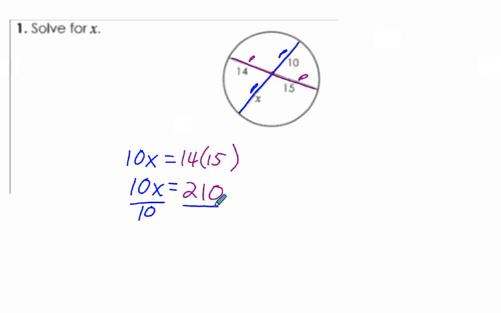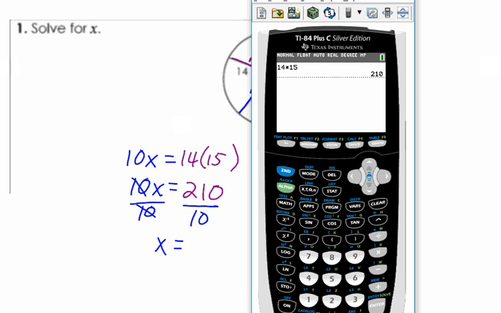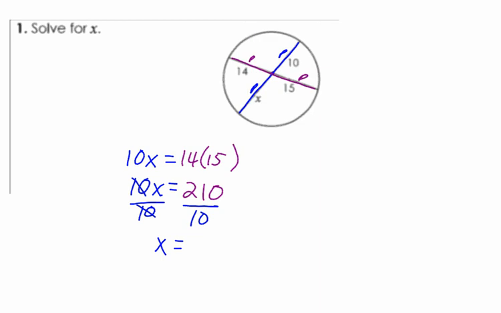Divide both sides by 10, and we would get x is equal to, what is that, 2.1 or 21? So 210 divided by 10, and we get 21. So in this case, it says solve for x. Well, x is 21. So it is proportionate.